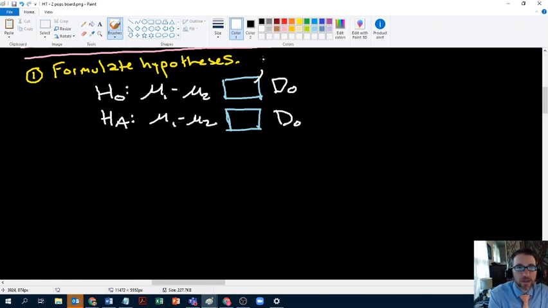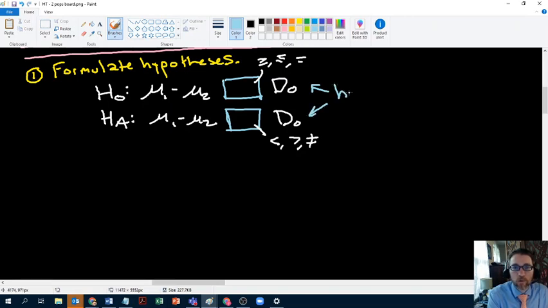Now inside this box, we could have a greater than or equal to sign, or a less than or equal to sign, or an equal to sign. And then down here, we would have the corresponding relation, right? Less than, or greater than, or not equal to. And then this d0 is our difference under the null, or our hypothetical difference, right? For the sake of argument, how different do we think these two population means are?